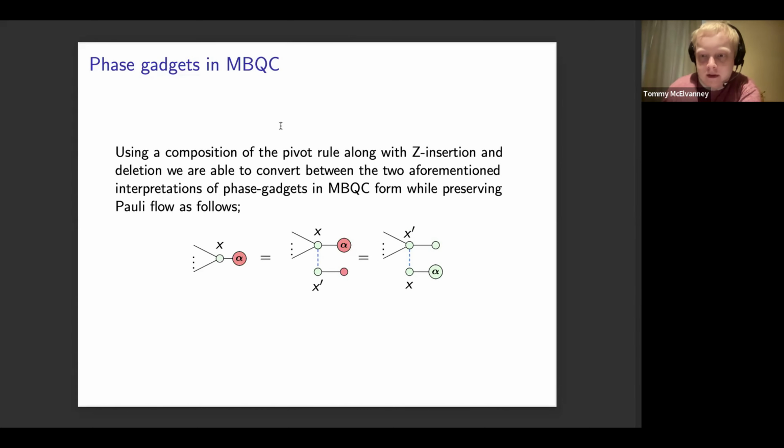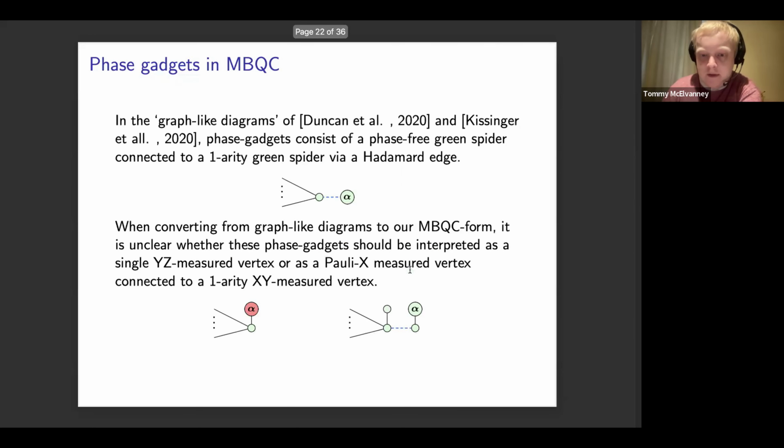Using the rules we've already mentioned, we can insert this Z-measured qubit X prime at the bottom without changing the interpretation of the diagram and while preserving Pauli flow. Then we can apply a pivot on the edge between X and X prime, which gives us the diagram on the right, exactly the diagram we had on the right on the slide before.